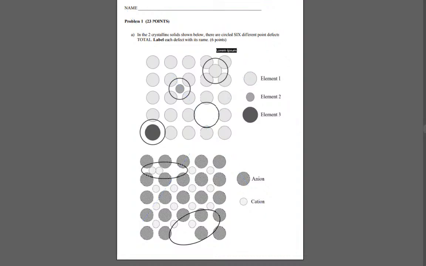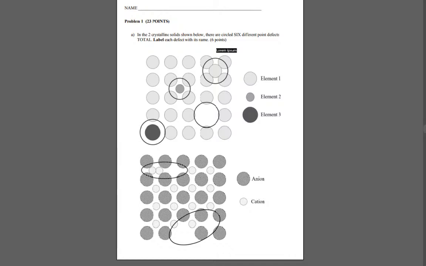This guy here is an element which shouldn't be there, but it is the same atom as the rest of them.